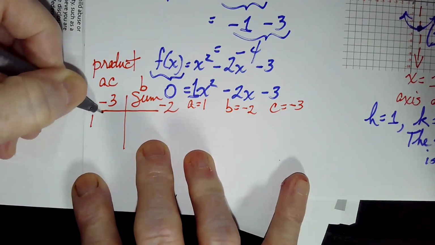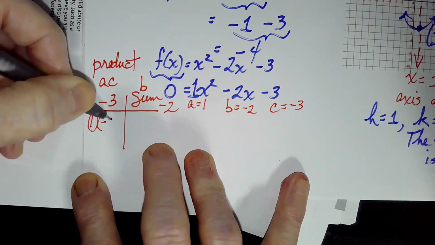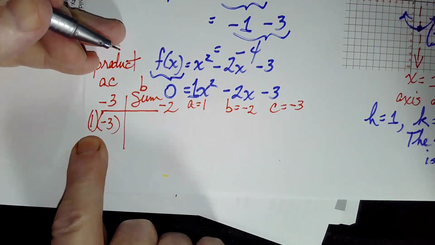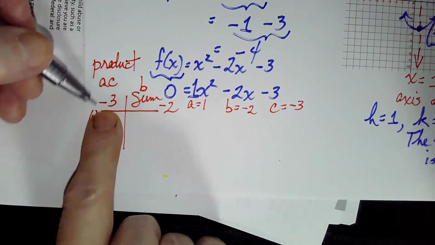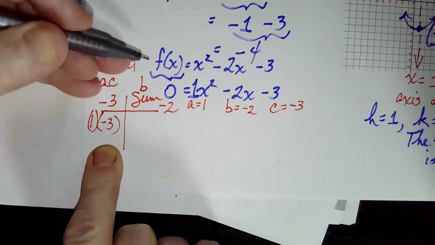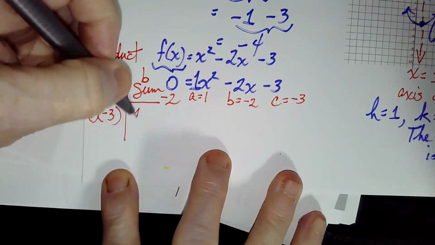Good. So 1 times -3 is -3. So that's the product. Now we're going to add them.